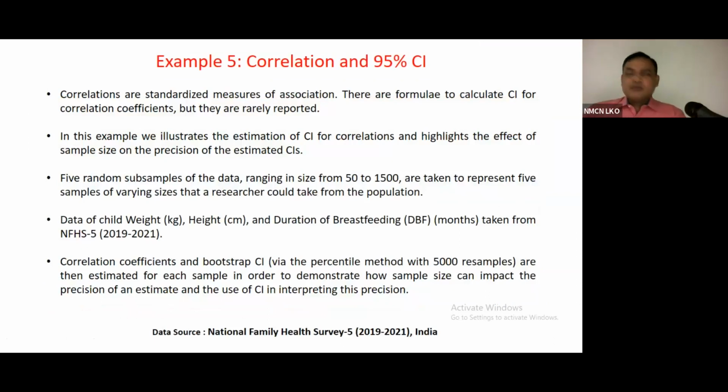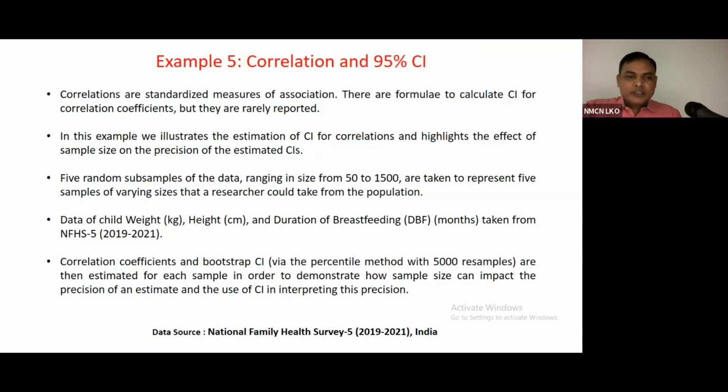Now another example, we have taken the correlation and the 95% confidence interval. As we know, correlations are a standardized measure of association, and there are formulas to calculate confidence intervals for the correlation coefficient, but they are rarely reported. In this example, we illustrated the estimation of the confidence interval for correlation and highlighted the effect of sample size on the precision of the estimated confidence interval.